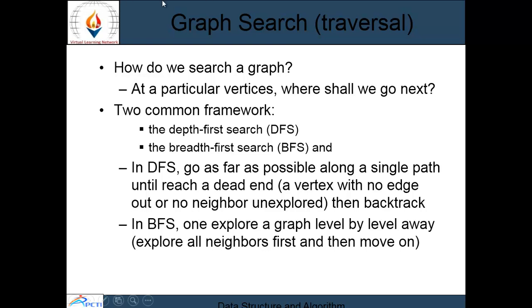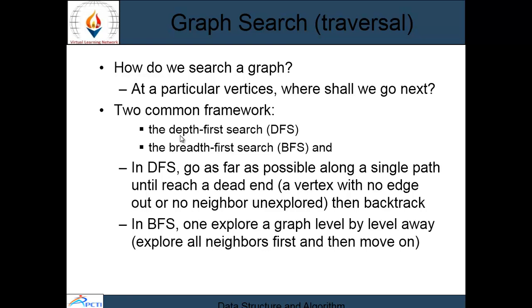Now, as I already discussed, there are basically two techniques, that is DFS, depth first search, and BFS, breadth first search. In depth first search, go as far as possible along a single path until you reach a dead end, then backtrack.